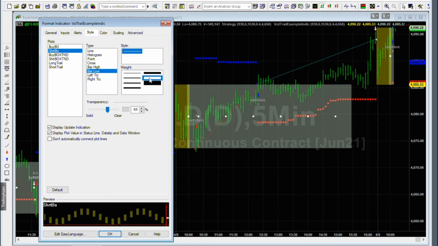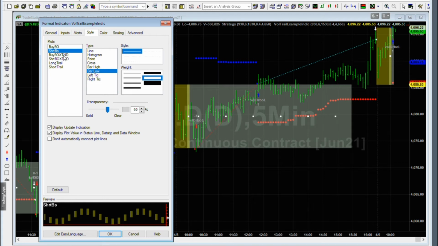It's going to have the same thickness. And this is the important one, the transparency. You want this to be somewhat transparent so you can see the bars behind it once you draw these very wide bars from the high to the low. If you have it solid, then it'll just be a gray blob. You won't be able to see the action behind it.